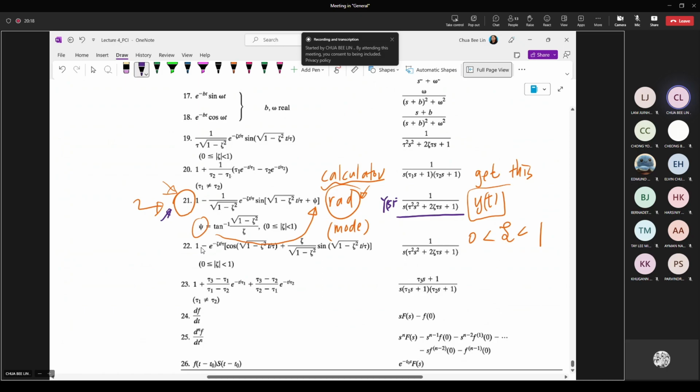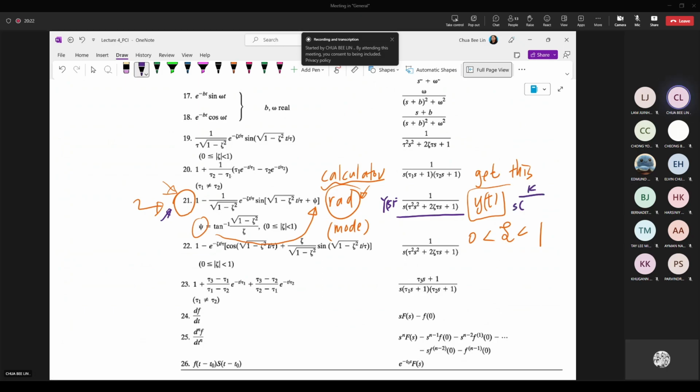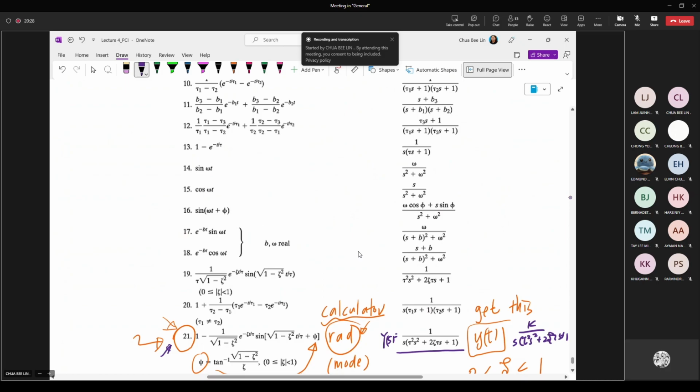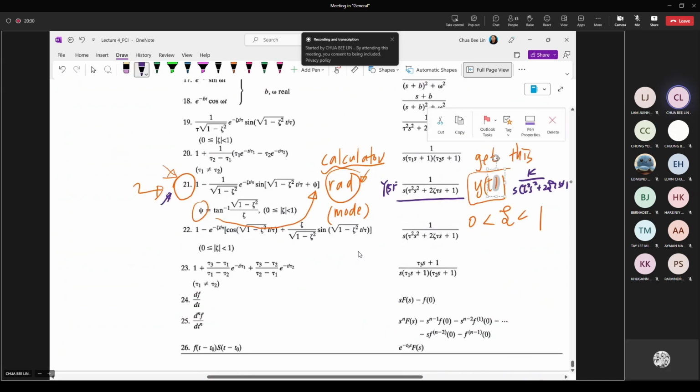You can see here is exactly the pattern of K over tau square s square plus 2 damping factor tau s plus 1. So this is the second order transfer function with a step change of M over s. So this one, they already multiplied to the other side, which is the 1 over s.